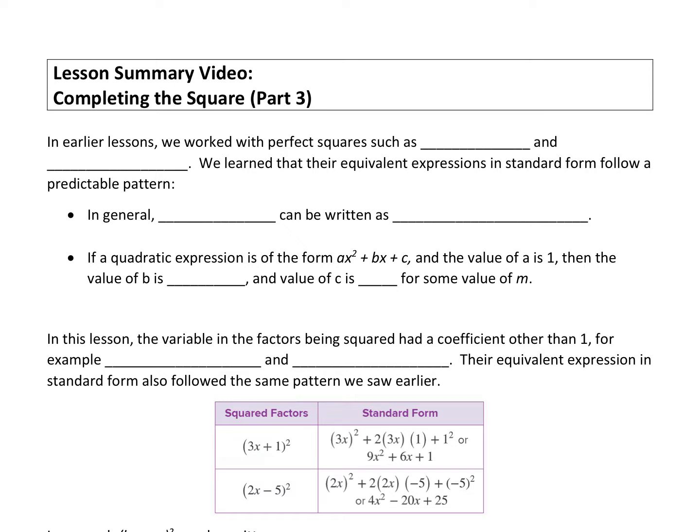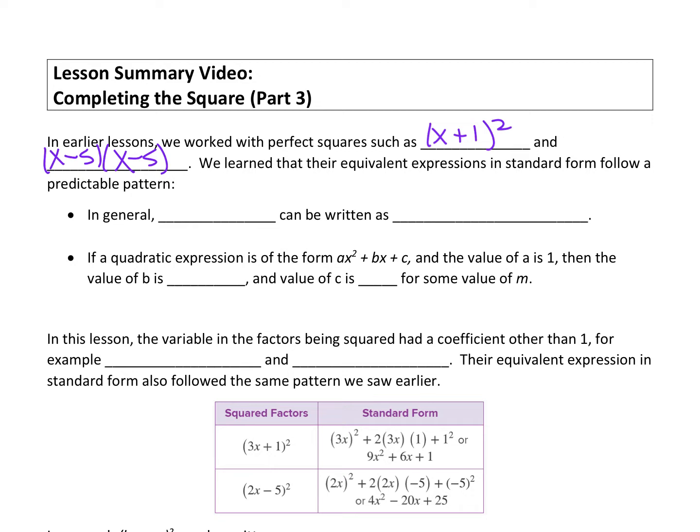In earlier lessons, we worked with perfect squares, such as x plus 1 squared. That's a perfect square. We also saw examples like x minus 5 times x minus 5. You are multiplying something by itself. That is a perfect square. We learned that their equivalent expression in standard form follows a predictable pattern.